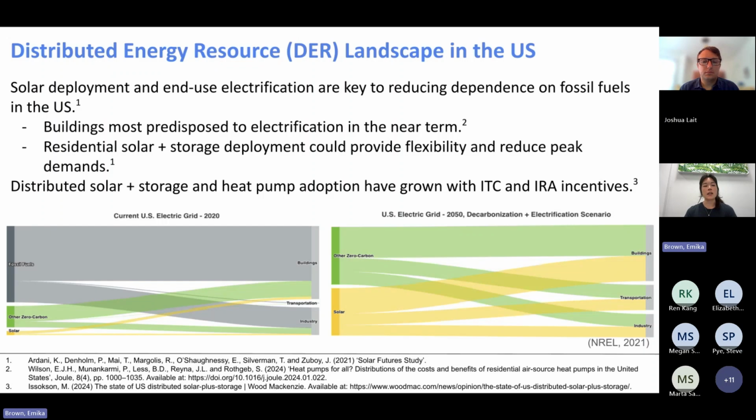In the last couple of decades, there's been huge growth, particularly in deployment of solar and storage, but also in heat pumps, with the investment tax credits and the Inflation Reduction Act incentives, mostly reducing the upfront cost of those assets to consumers.